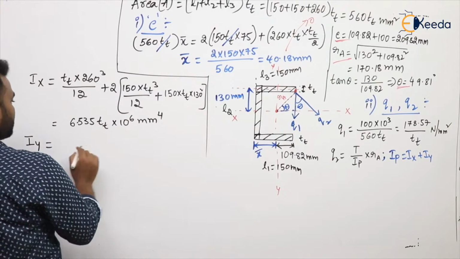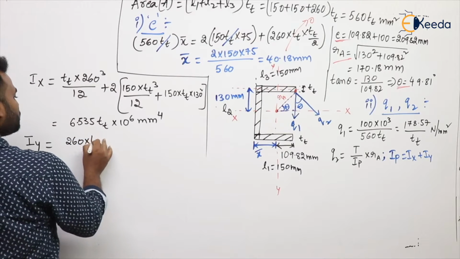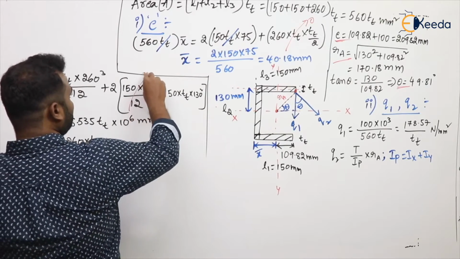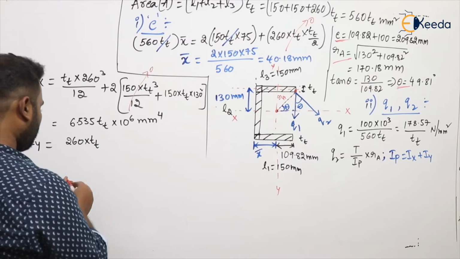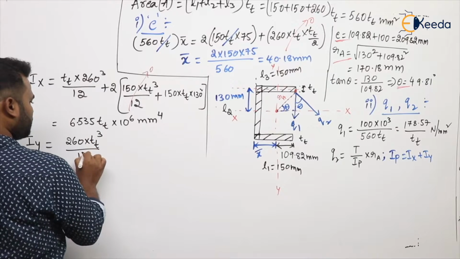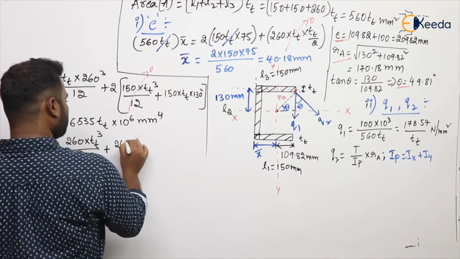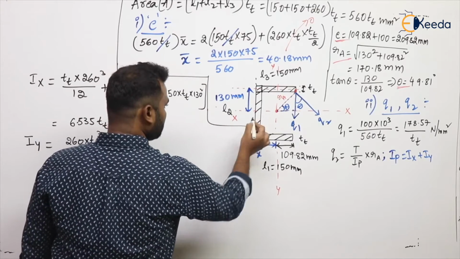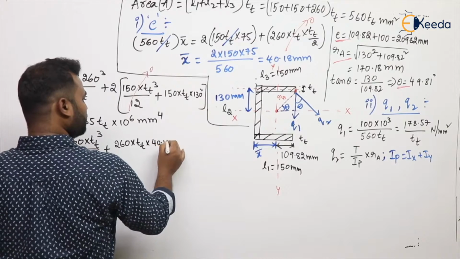So for the vertical rectangle, how much is the moment of inertia? 260 into TT cube. Here we ignore this TT cube term. Upon ignoring and simplifying, we will get this value. 260 into TT cube by 12 plus 260 into TT into 40.18 square.